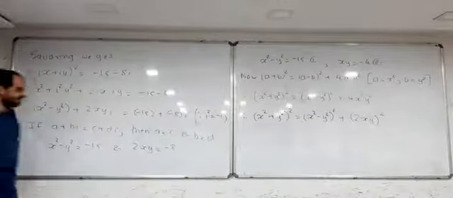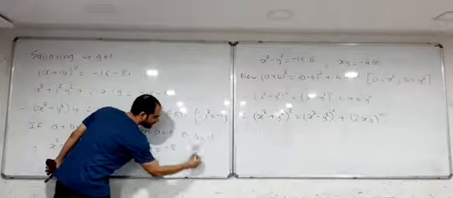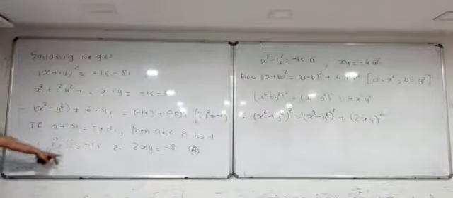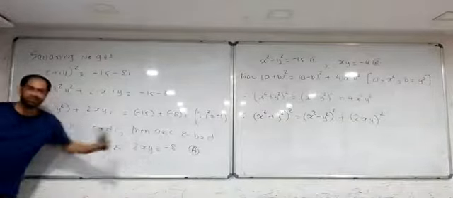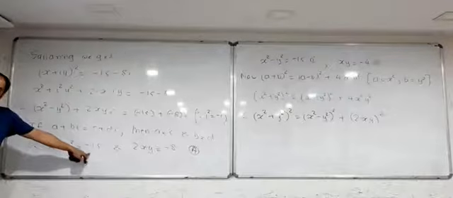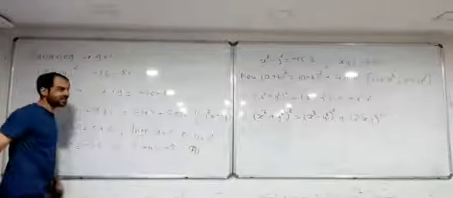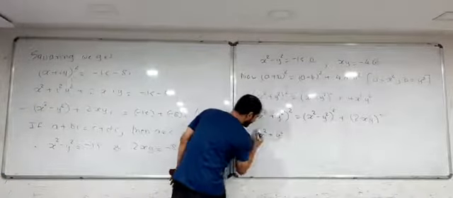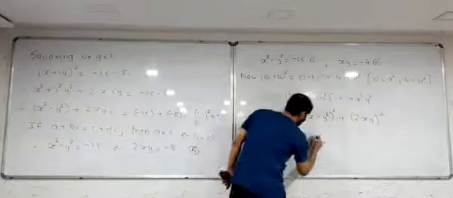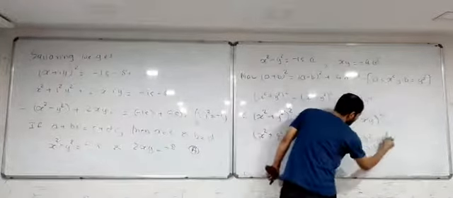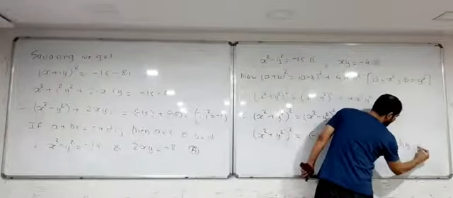Using result numbers 1 and 2, x square minus y square is minus 15 and 2xy is minus 8. So (x square plus y square) the whole square is (minus 15) the whole square plus (minus 8) the whole square.